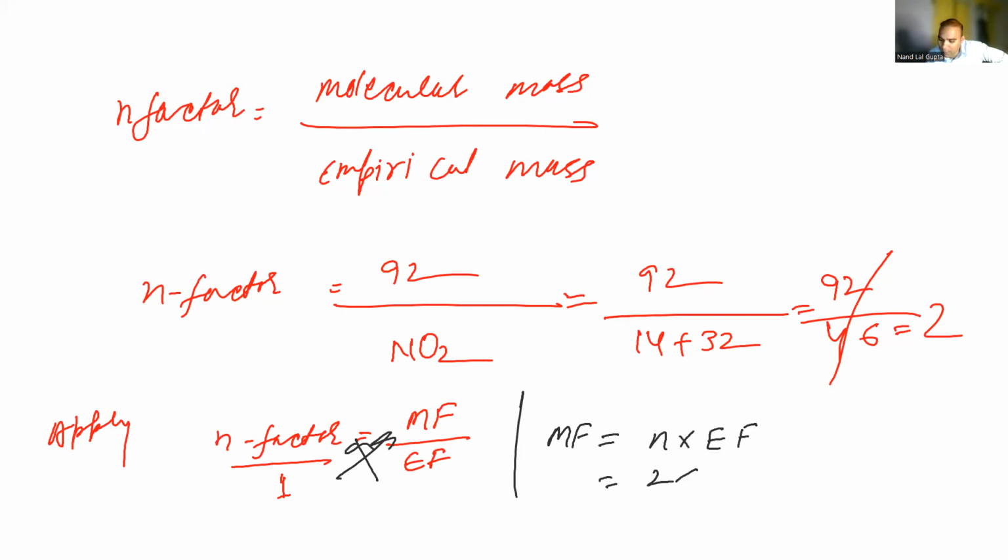So n is 2, empirical formula is NO2. So what will come out is N2O4, dinitrogen tetroxide. Can you understand this one? Okay, fine. Got it, sir.